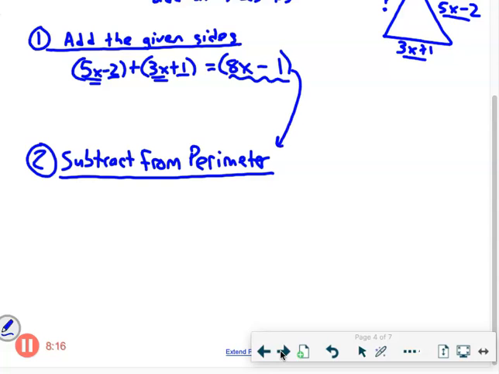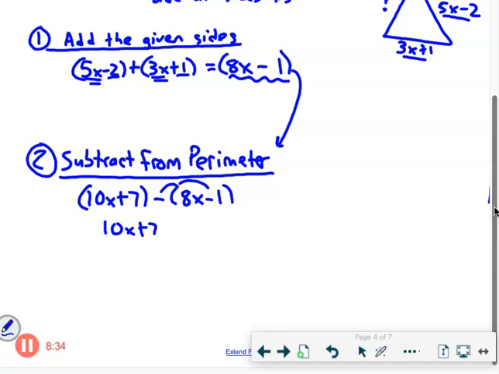So what I'm going to do is take that and subtract it from the perimeter. The perimeter was 10x plus 7. So we have 10x plus 7. We want to take away 8x minus 1. So I'm going to distribute the negative into both. We have 10x plus 7. Now we're going to write it as a plus problem. Negative 8x, positive 1.